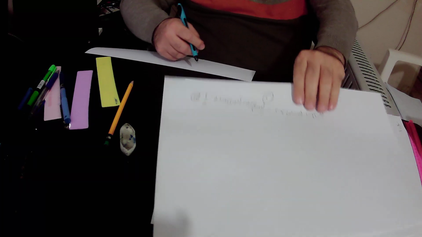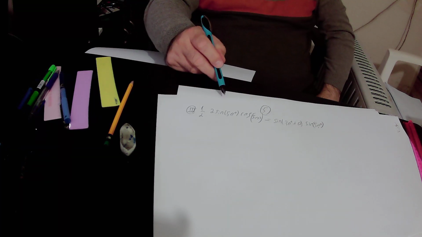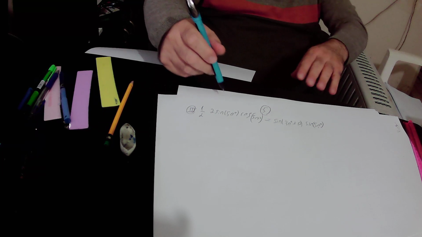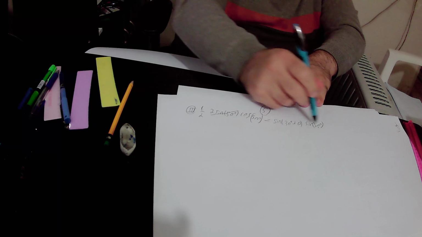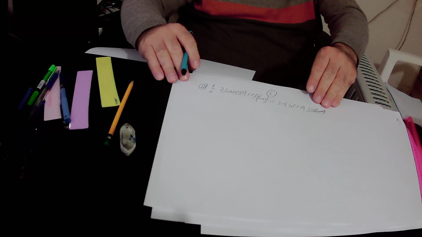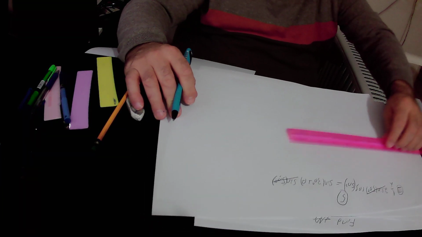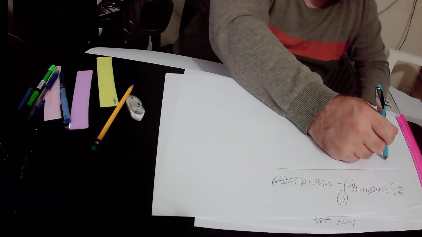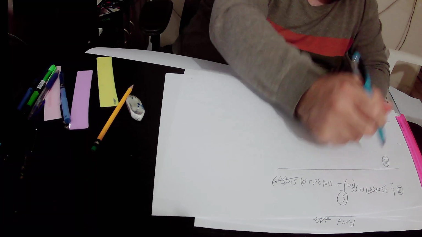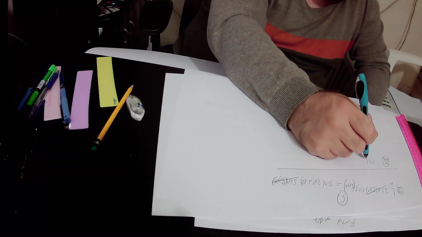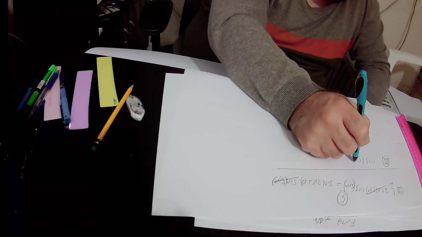So here in equation number 3 we have sine 50 degrees on both sides, so sine 50 degrees will get cancelled. And what is left from equation number 3 after we cancelled sine 50 degrees? What is left is cosine 50 degrees.